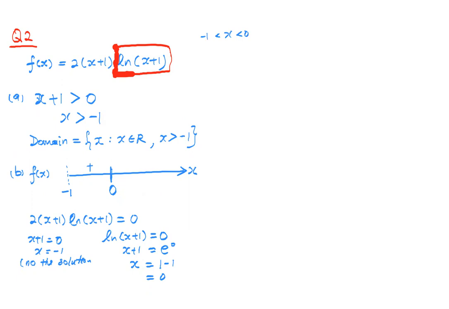I told you already, if you are not able to determine the sign manually, you only lose 1 mark. If x is between -1 and 0, my x plus 1 will be more than 0, but my ln of x plus 1 will be less than 0. So it will be negative here and positive here.